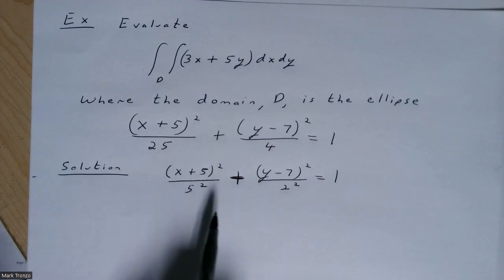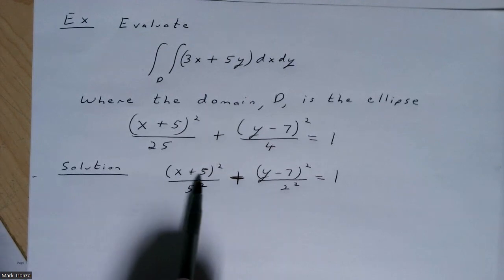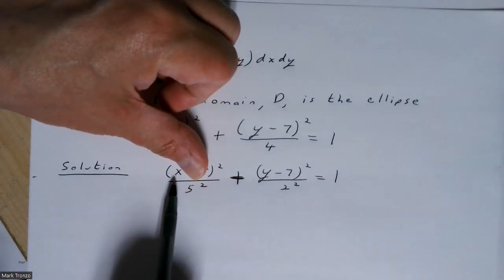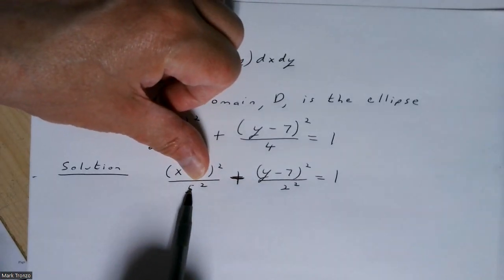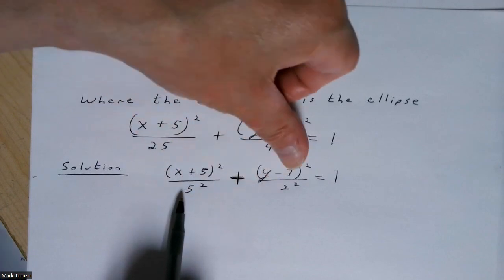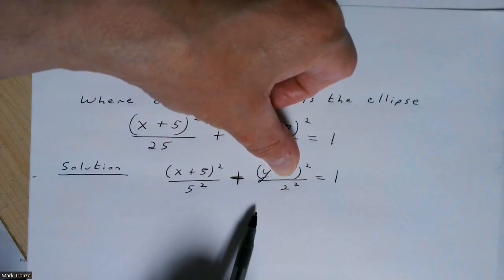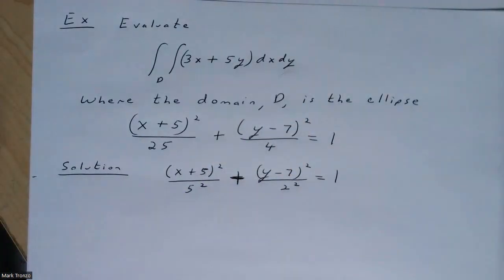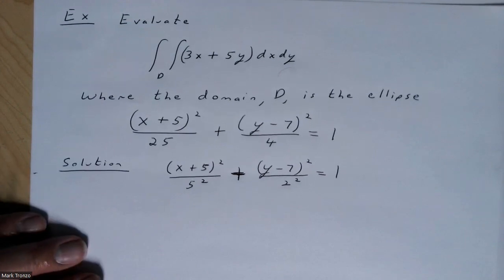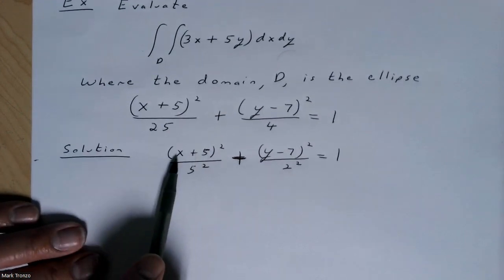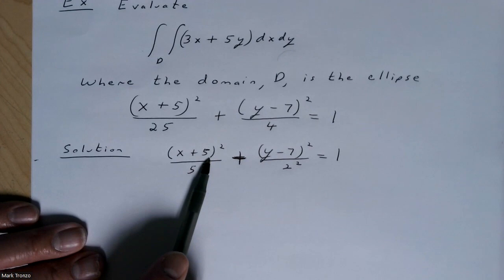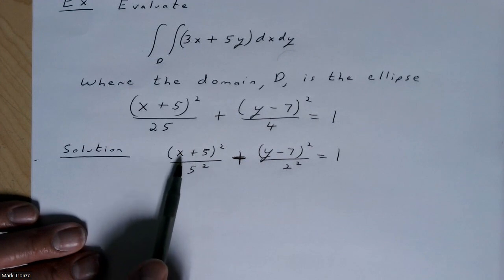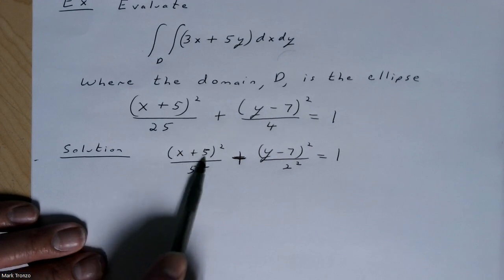Now, we had a problem like this previously. If we just had an x in the numerator, we would replace x with 5u. And if we had just a y here, we would replace y with 2v. It'll really be the same thing now, except instead of replacing x with 5u, we'll replace x plus 5 with 5u.